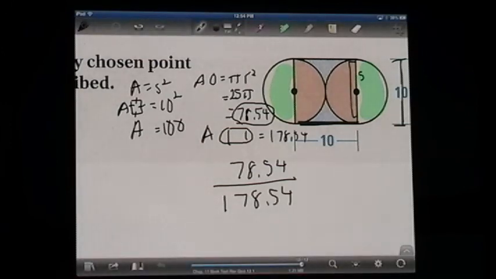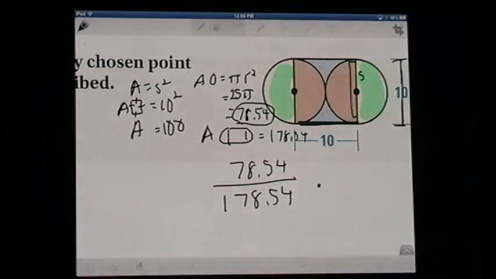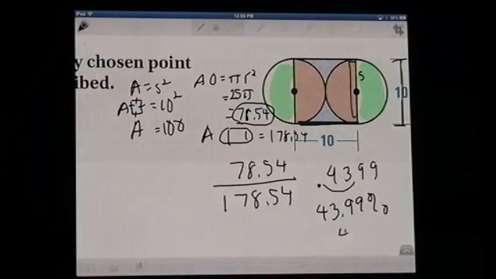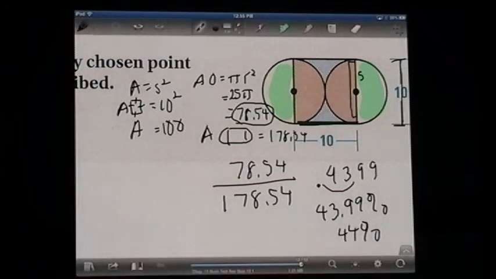So 78.54 divided by 178.54 gives us 0.43999, or move the decimal two spaces to the right, 43.99%. If we round to the tenth, we get 44%.